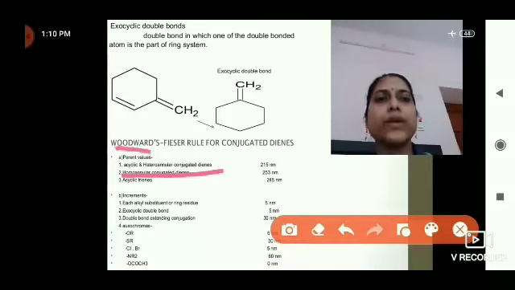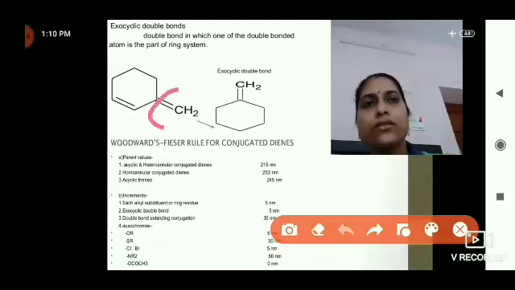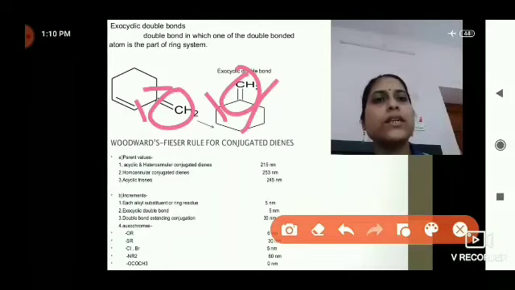Now these are the parent values, and there are additional increments, meaning if there is substitution of an alkyl group or ring residue. For this exocyclic double bond, these two are ring residues, and for this exocyclic double bond, these two are ring residues. So these are additional increments.